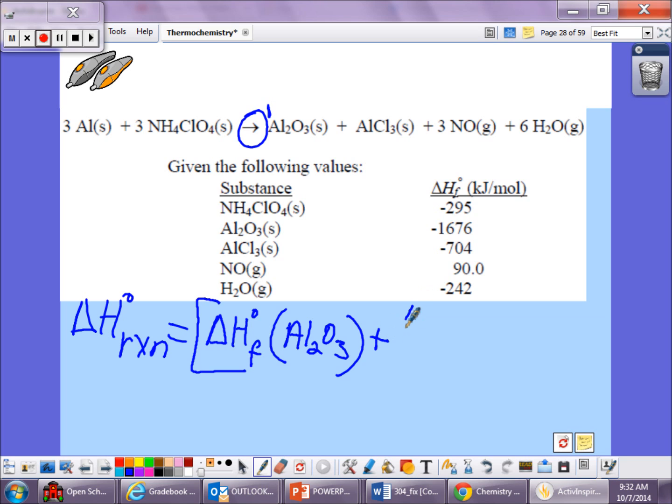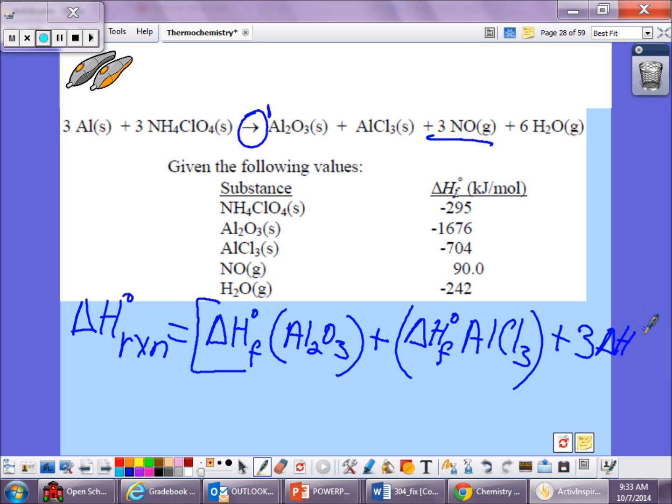Plus, open parentheses, the standard enthalpy of formation. I still have more products. It is AlCl3, close parentheses. Have to be well organized. Plus I have more products, 3 times, coefficient 3 times the delta H of formation of NO. Okay, close parentheses.